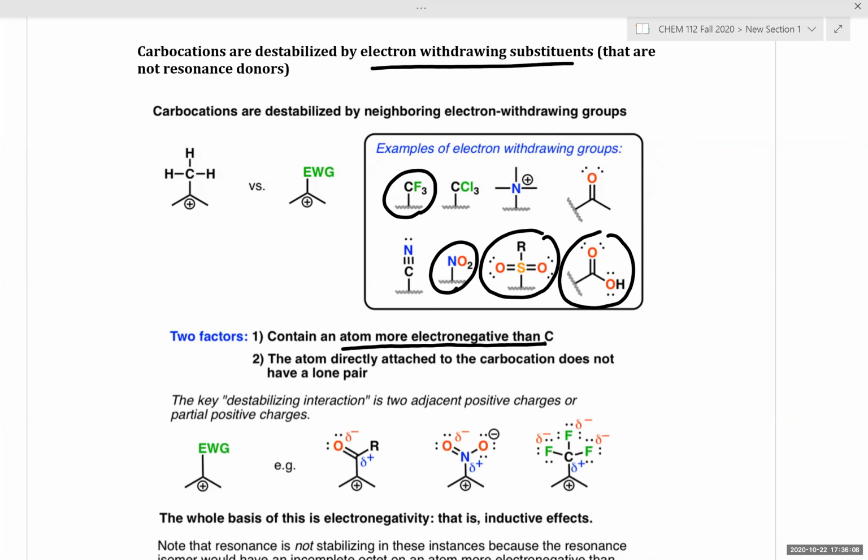In turn, when you have an electron withdrawing group adjacent to a carbocation, a good signpost to look out for is to see if the atom directly attached to the carbocation contains a lone pair. If it doesn't have a lone pair, then that adjacent atom likely cannot function as a resonance donor, and as a result we have to start to consider inductive effects.